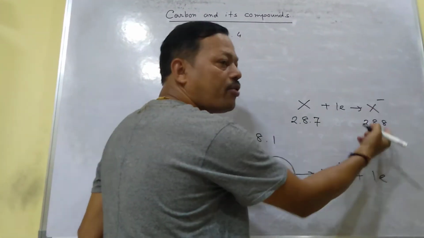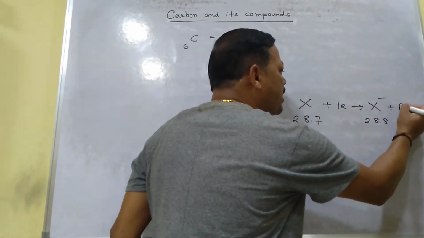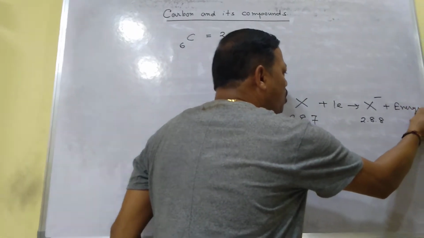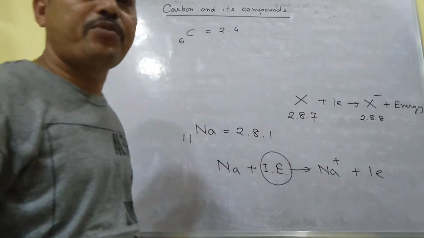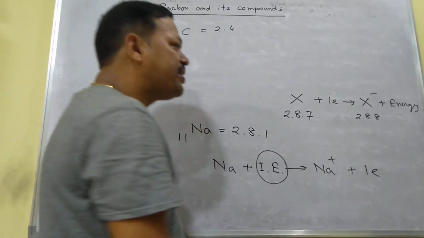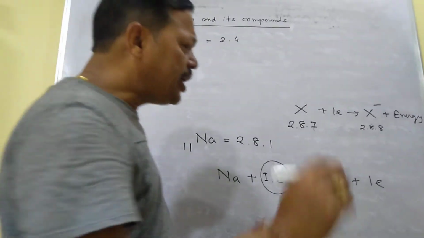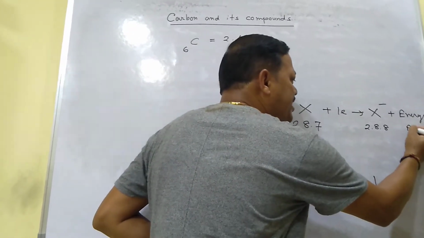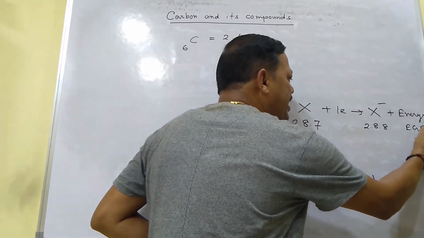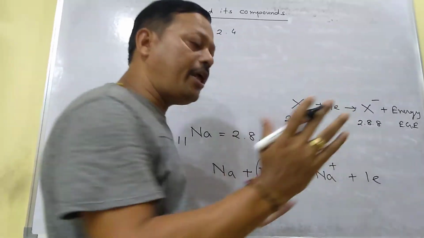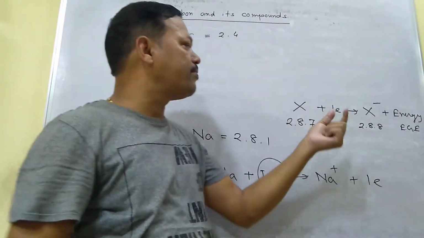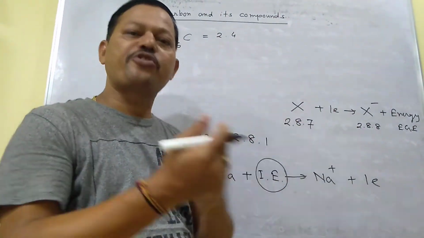So when the configuration becomes stable, it releases some energy. Automatically it releases energy after gaining the electron, and this energy is called electron gain energy. If the electron gain energy is high, I mean if a high amount of energy is released, the atom will gain the electron easily.